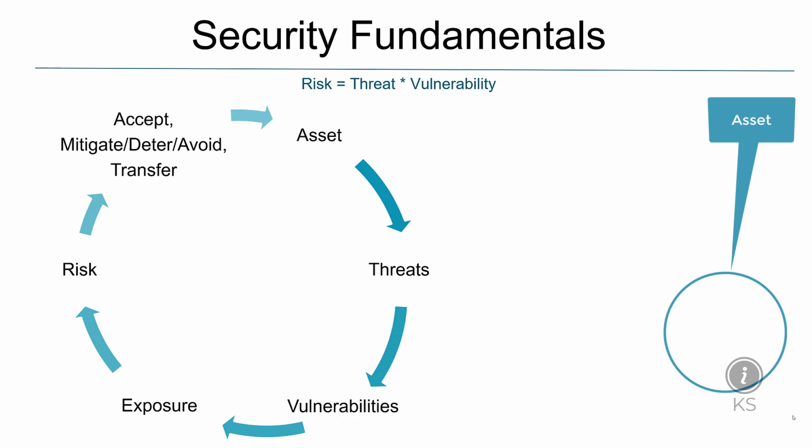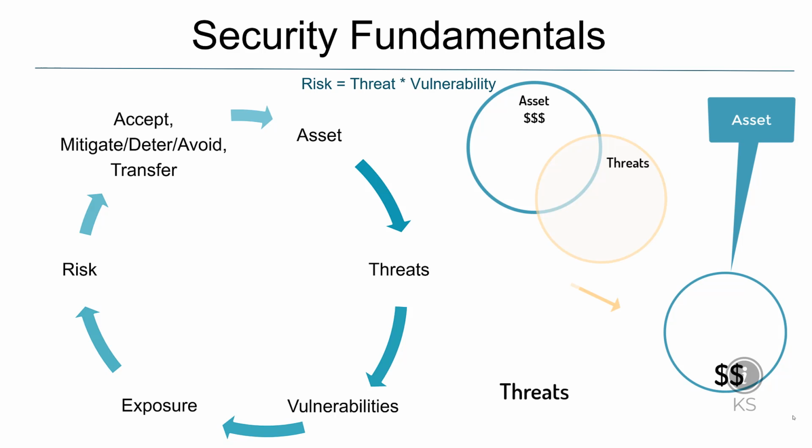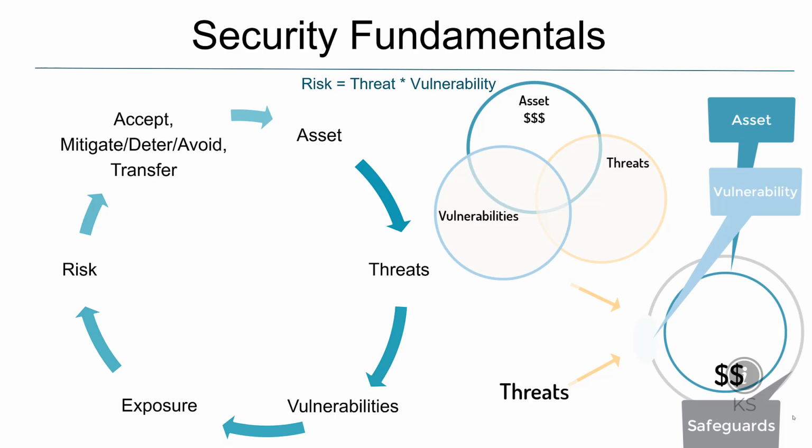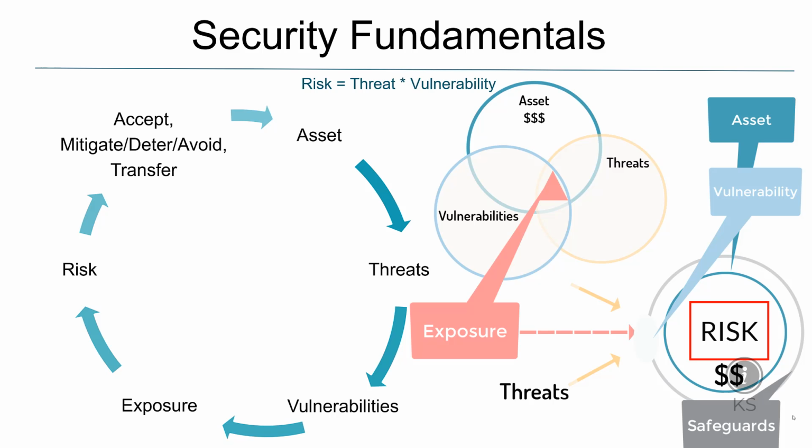We have our assets. We know that our assets have value. It's important to understand the qualitative and quantitative values of those assets. We have threats trying to get to our assets. We have vulnerabilities. Where vulnerabilities overlap the threats is the place of exposure. And exposure is what's going to ultimately lead to the risk that we're facing.